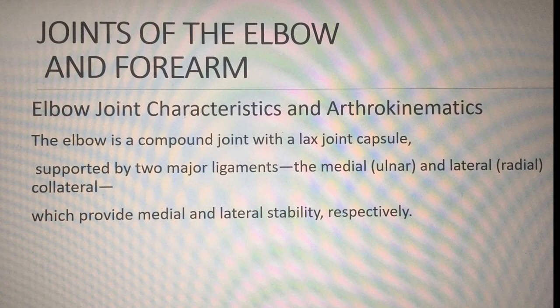Now the elbow joint is a compound joint with a lax joint capsule covering the joint and supported by two major ligaments. On the medial side is the ulnar collateral ligament, and on the lateral side is the radial collateral ligament, and these ligaments provide medial and lateral stability respectively, also called valgus or varus stability.